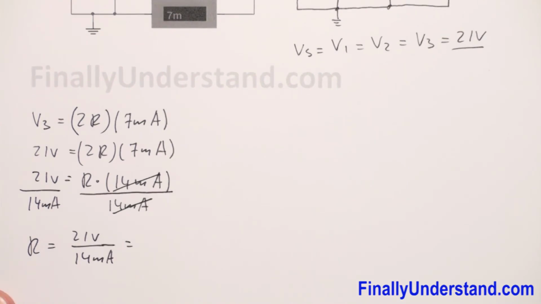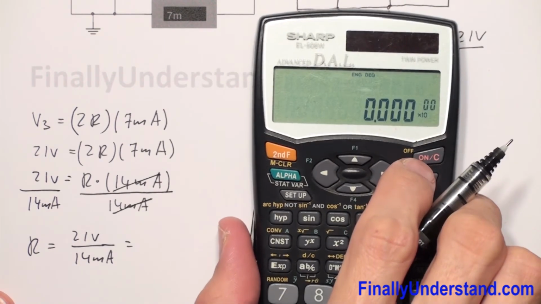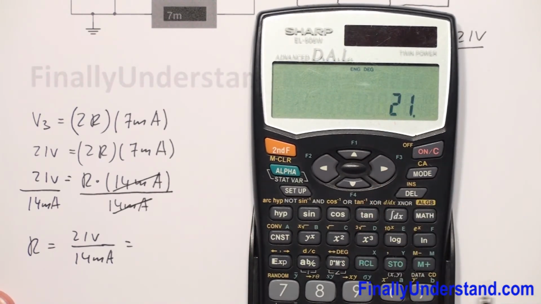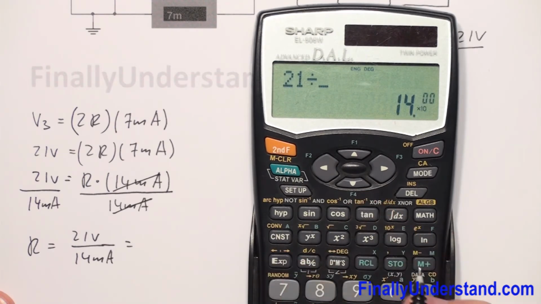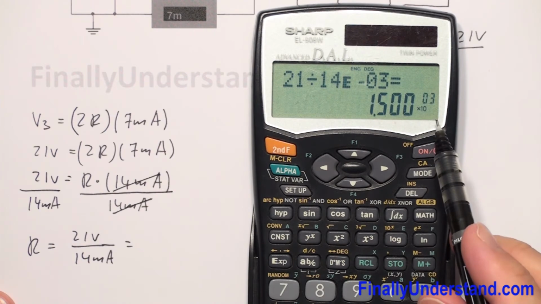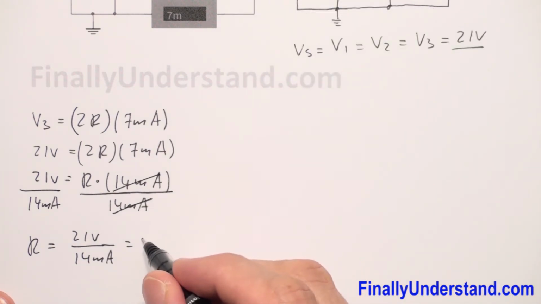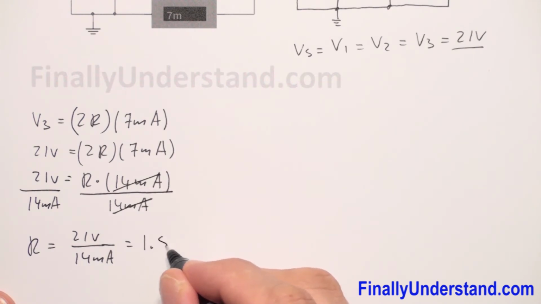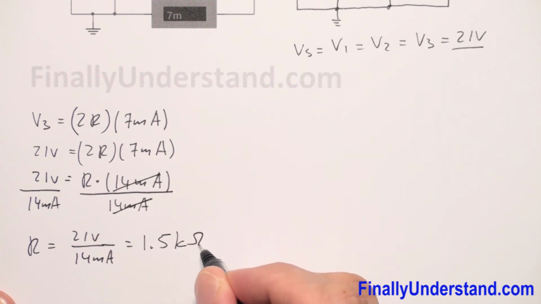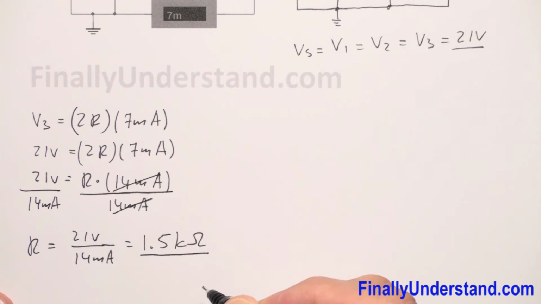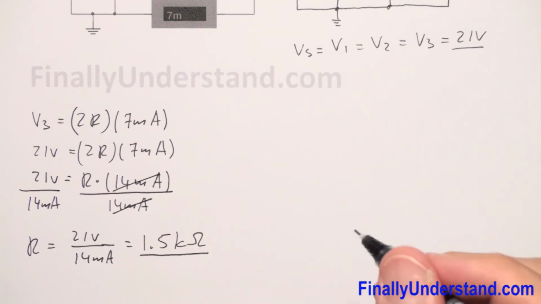This is equal to 21 divided by 14 times 10 to the power of 3, which is 1.5 kilo ohms. So we found that R is equal to 1.5 kilo ohms. This is the value of R.